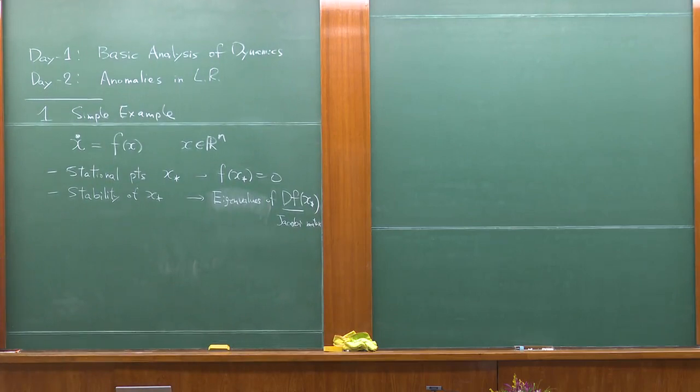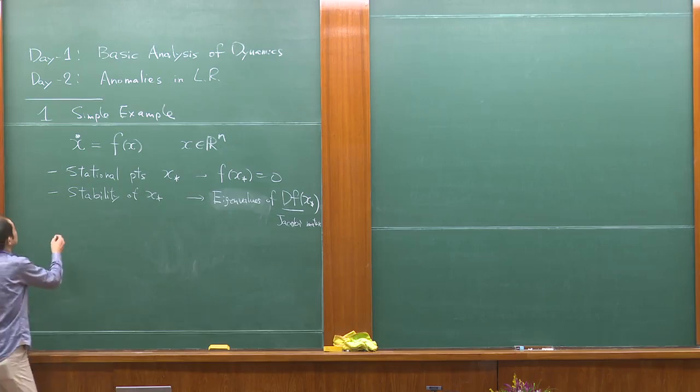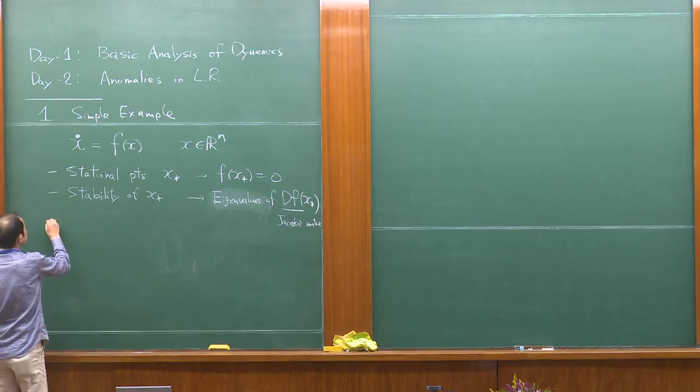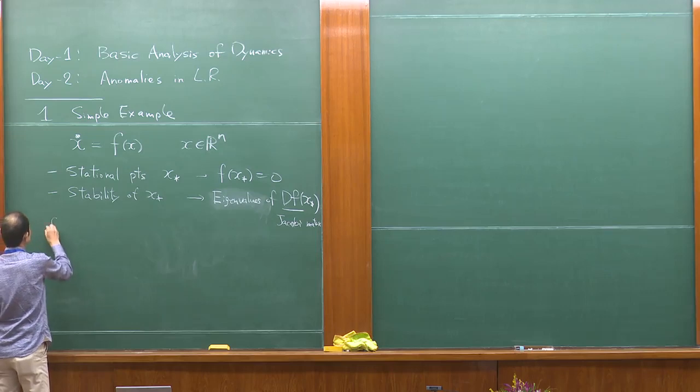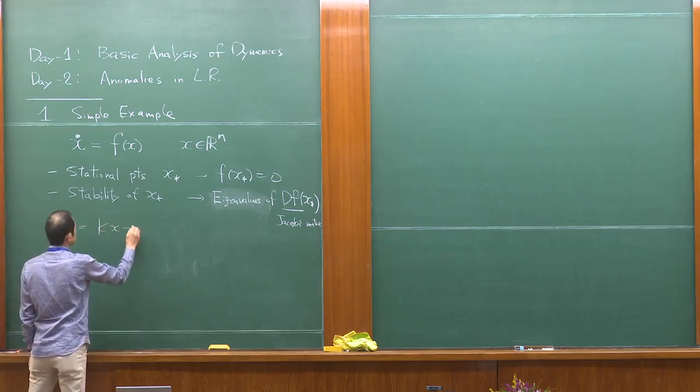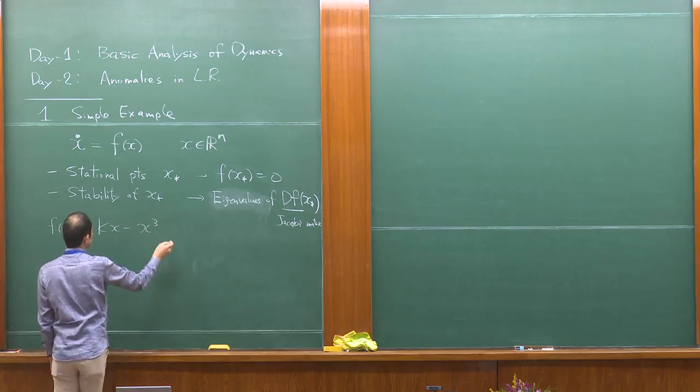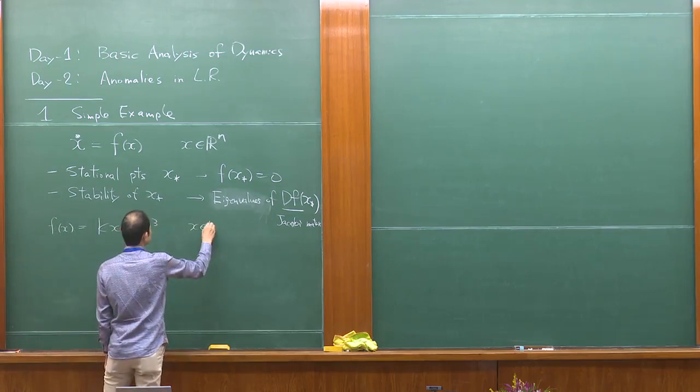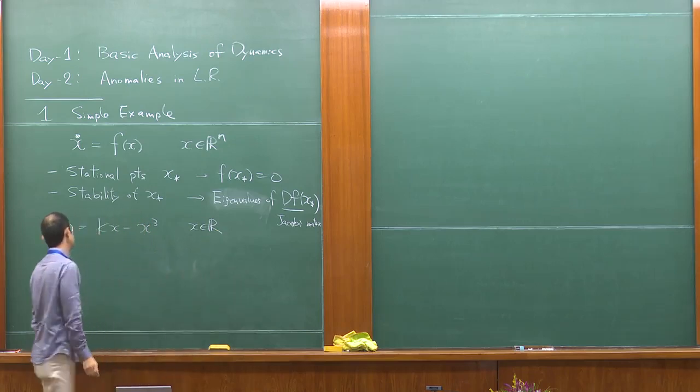We start from searching for the stationary point, and then we investigate the stability of the stationary point. That's all. An example is like this. So if we say something like this, and x is now just in R.